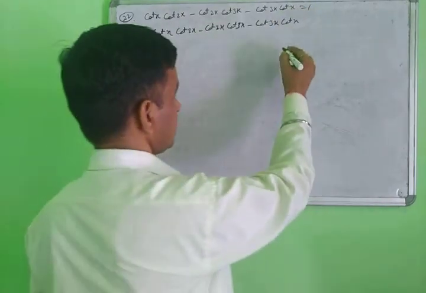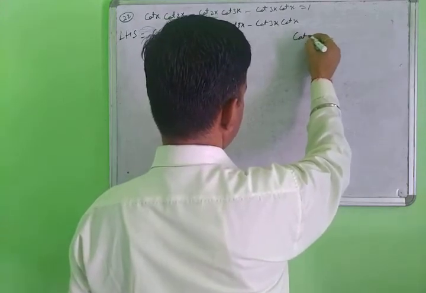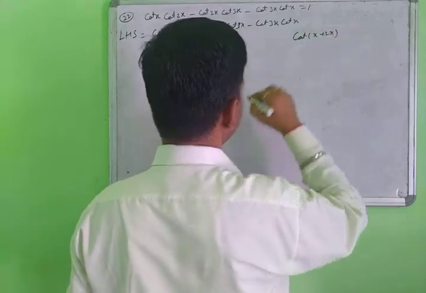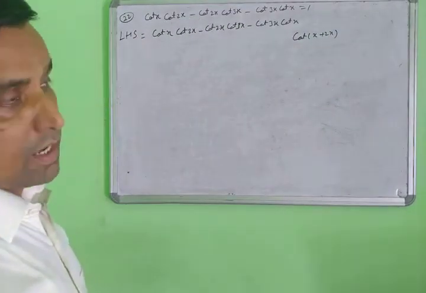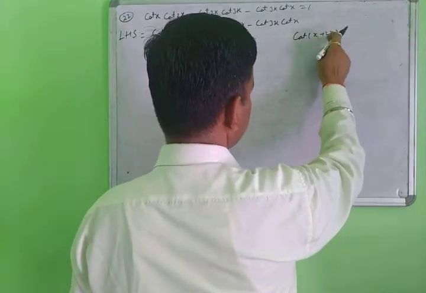Then it means this question involves the formula of cot. Yes, now look here. What is the value of cot? Suppose I change this to cot of (x plus 2x). What is the value of cot (a plus b)? It is cot a cot b minus 1 upon cot a plus cot b.